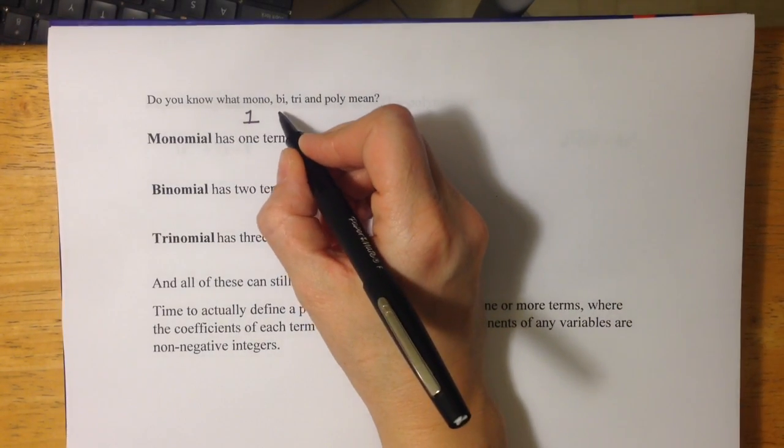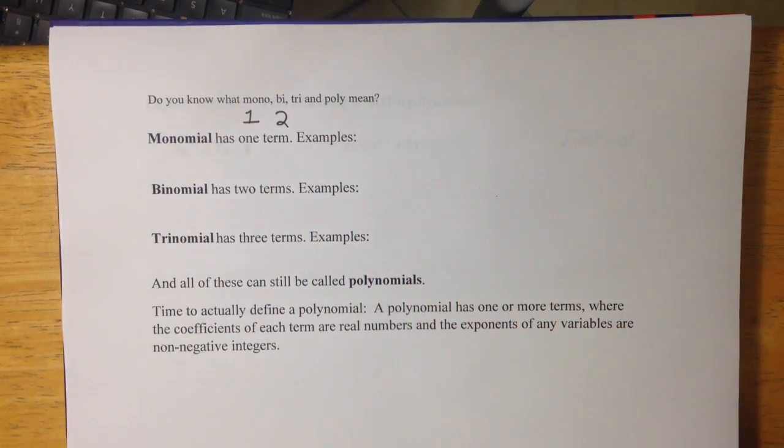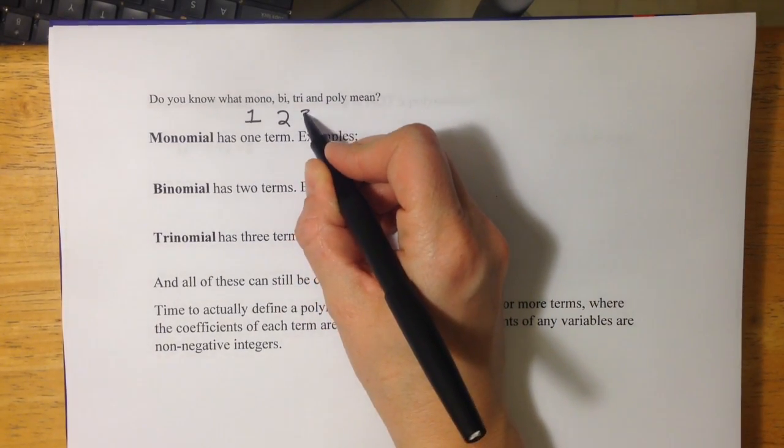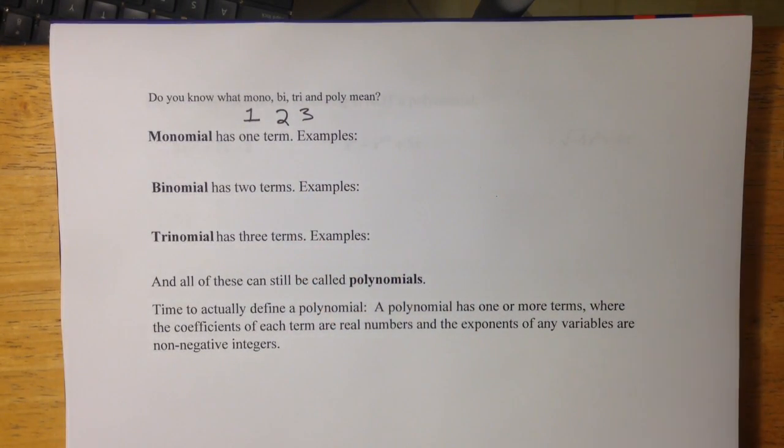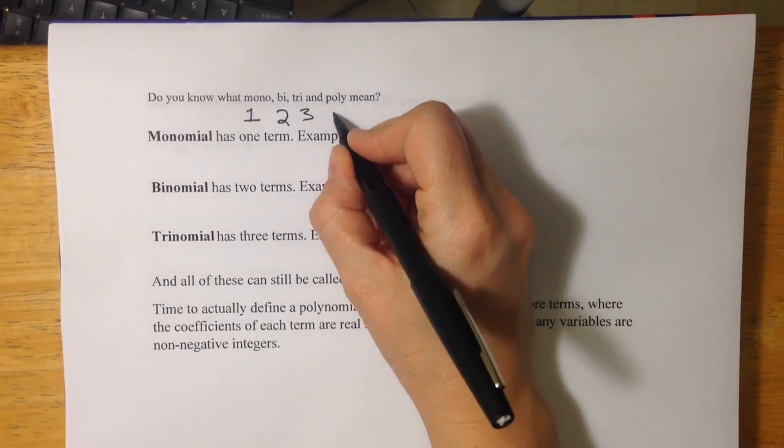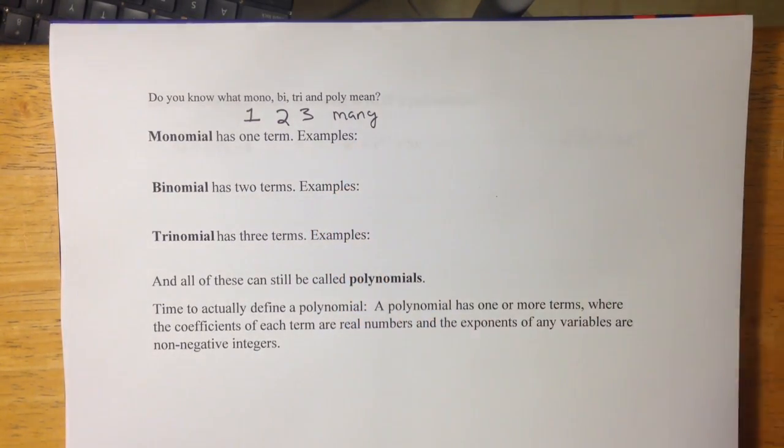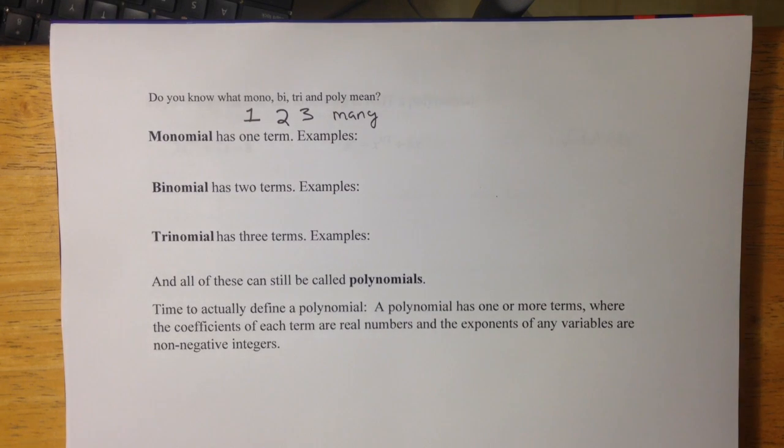Bi means two, like a bicycle that has two wheels. Similarly, tri means three, like a tricycle, which has three wheels. Poly means many, such as polytheism, the belief in many gods.